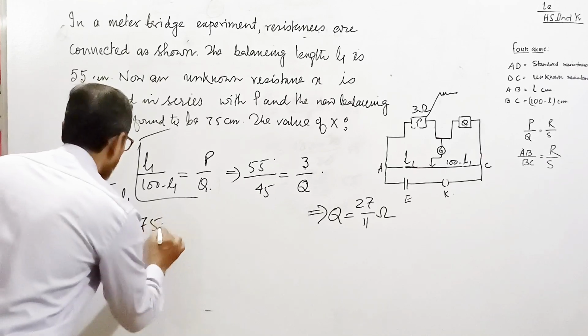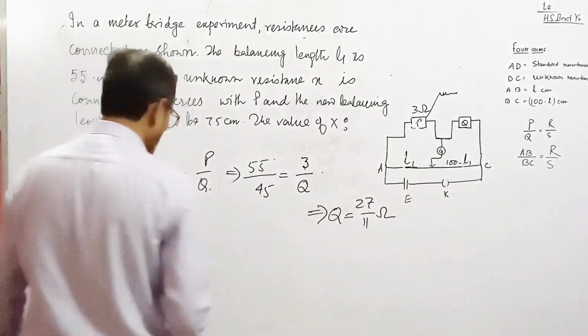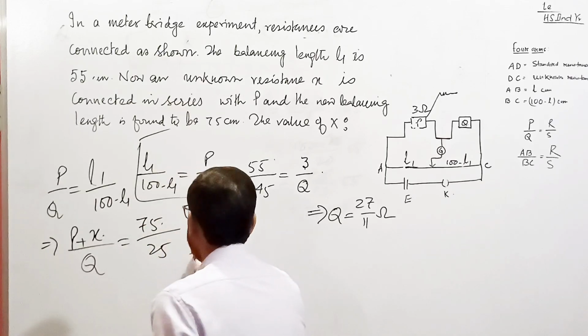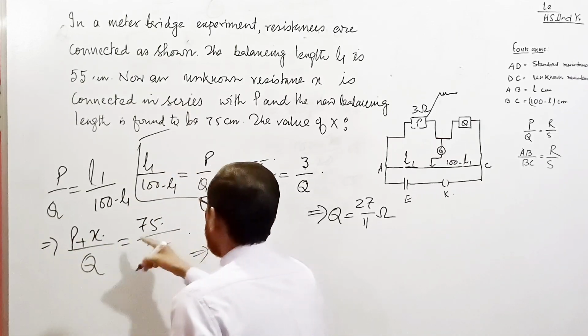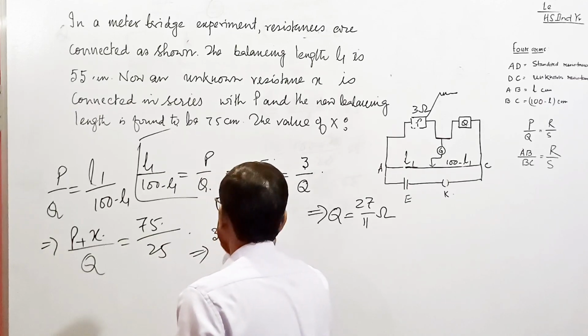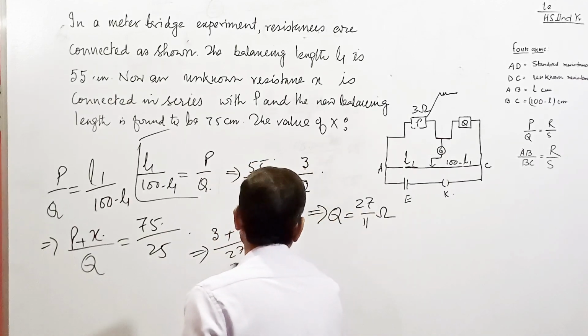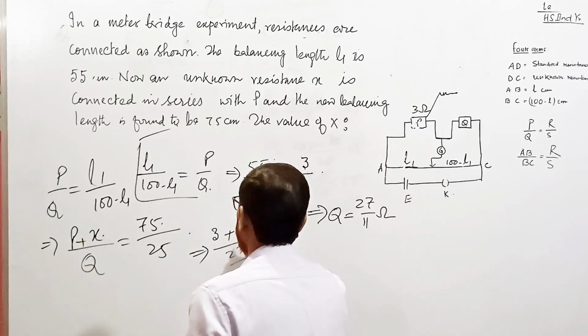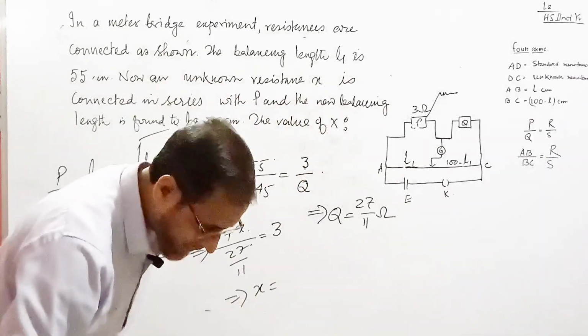So if it is 75, the other is 25. So now, your P is 3 and X is unknown, and Q we have already calculated as 27 by 11, and this is equal to 3.